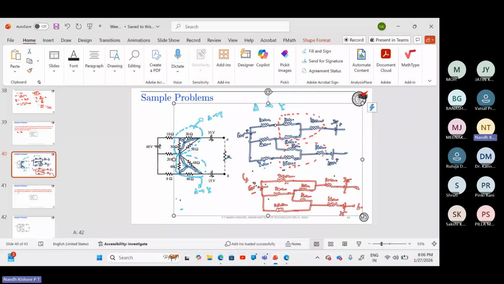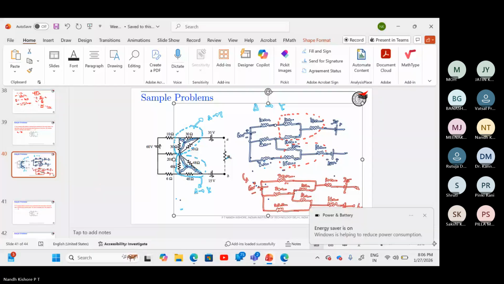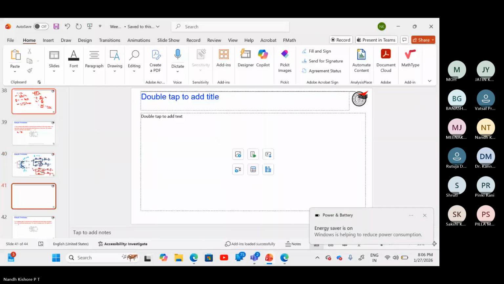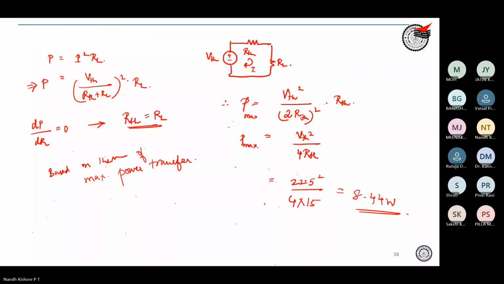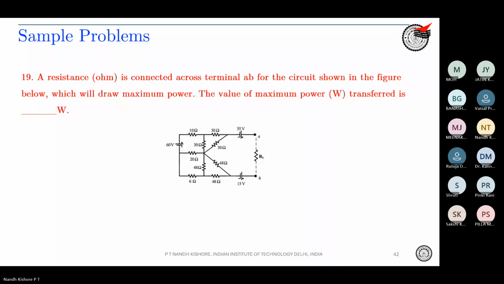Probably I will need to redraw this. So 60 volts is shorted, therefore what you get is 20 over here, you have a 20 over here, and then you have a 22.